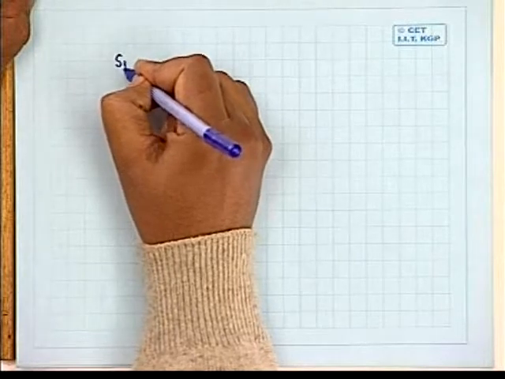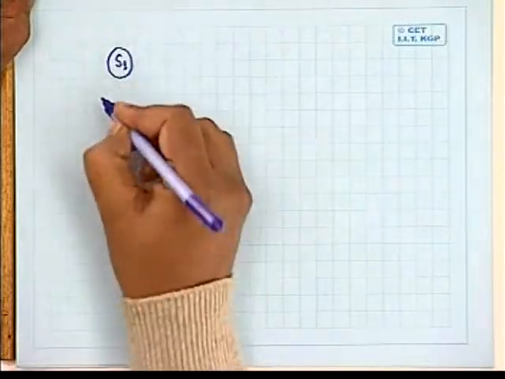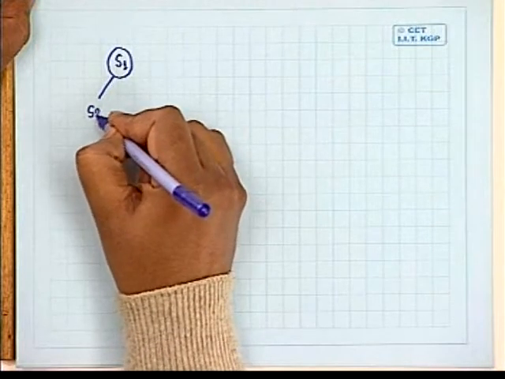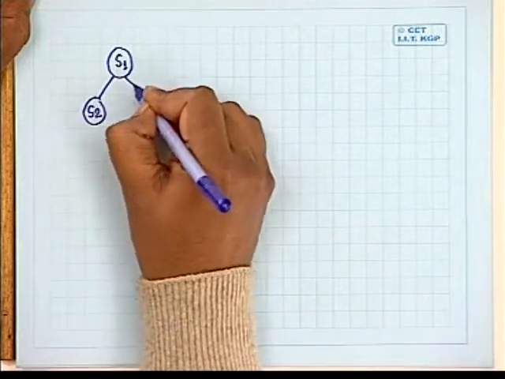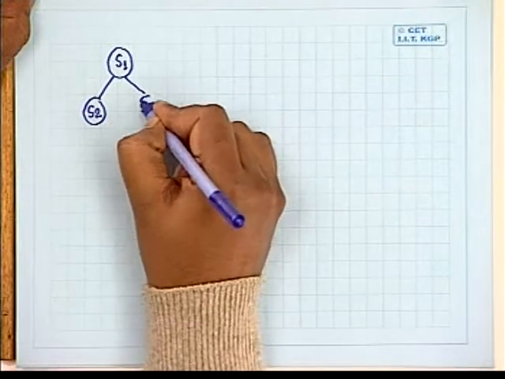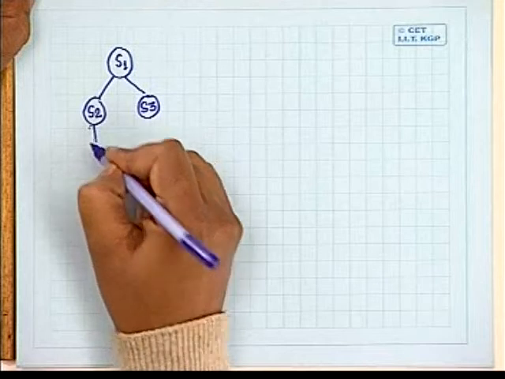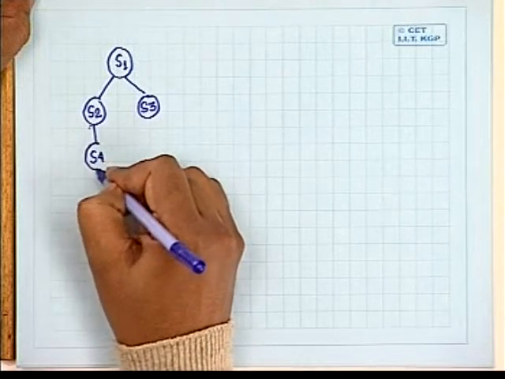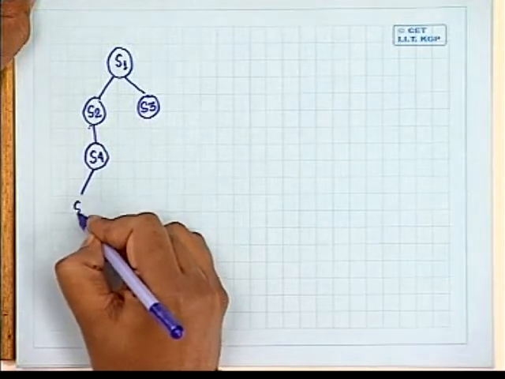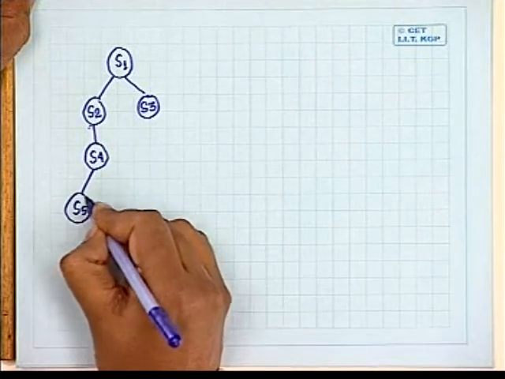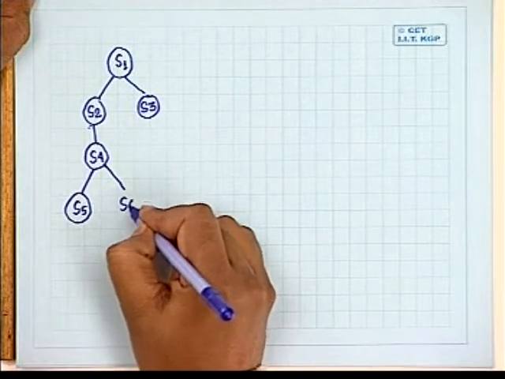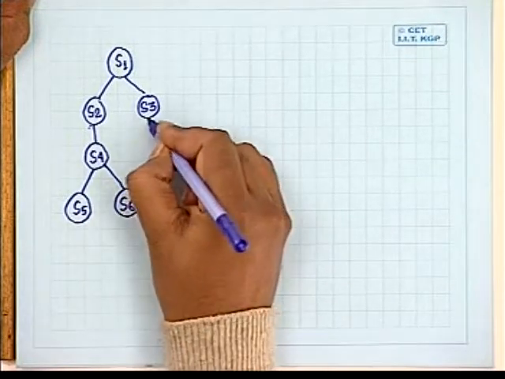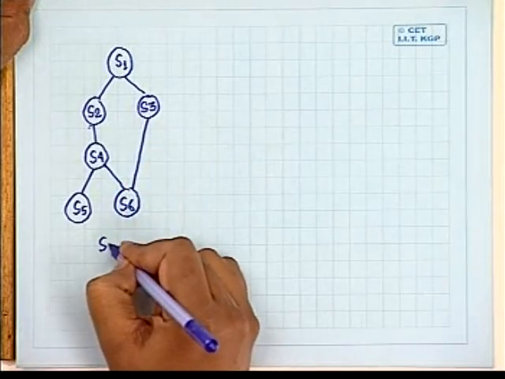When we discussed the concurrency problem, I had given you a precedence graph like this: S1, S2, S3, S4, S5, S6, S7.